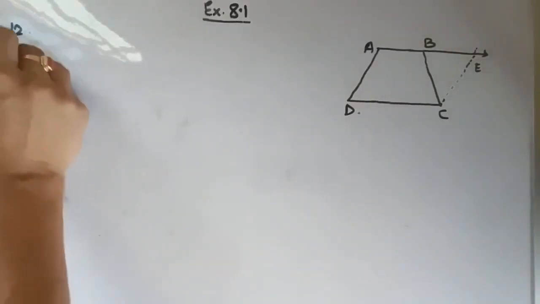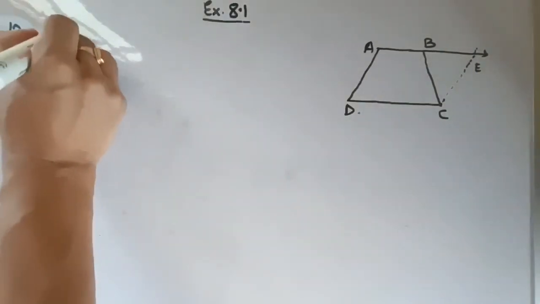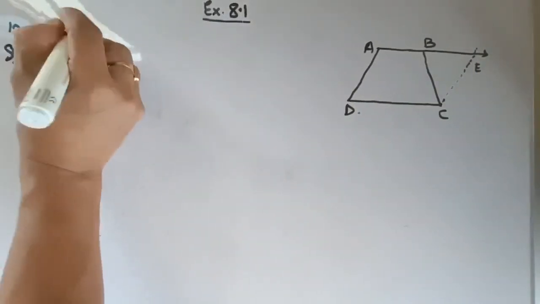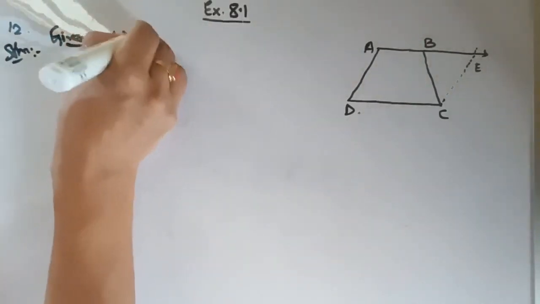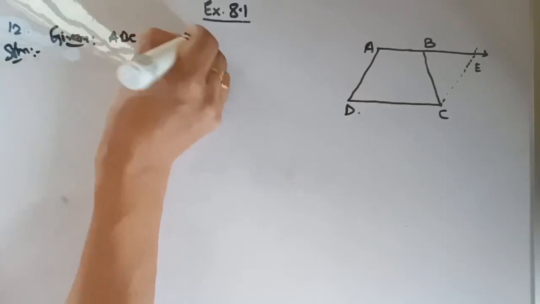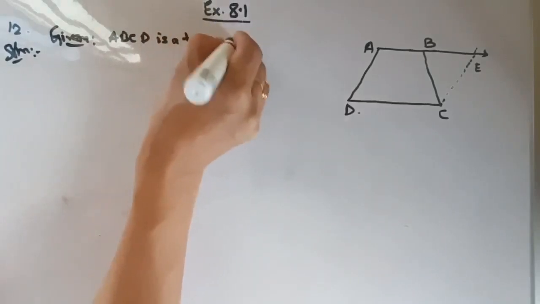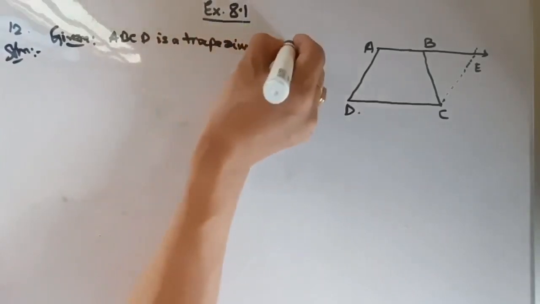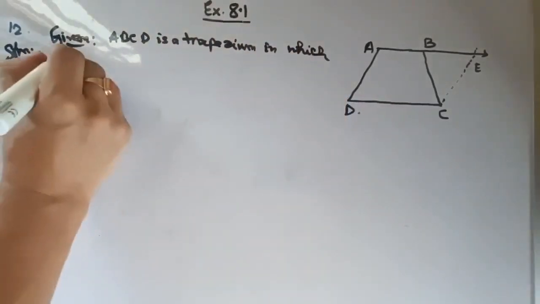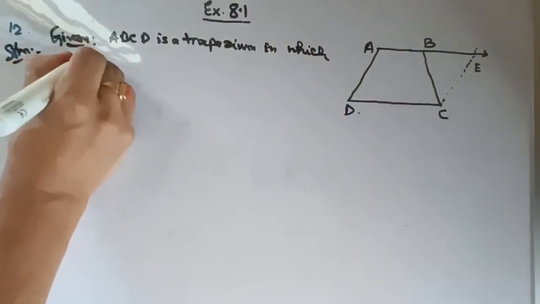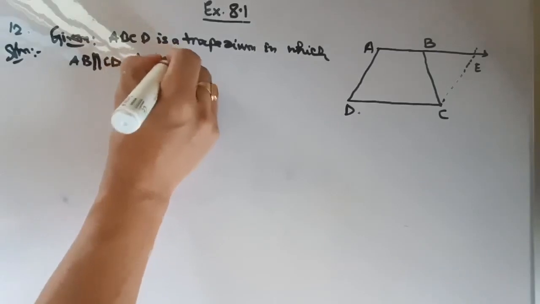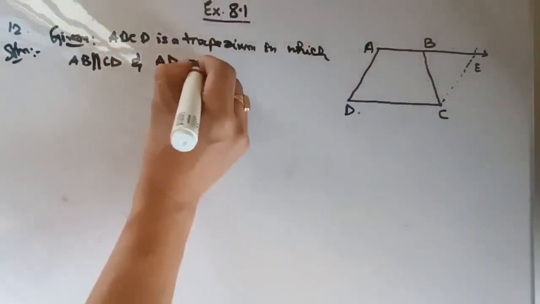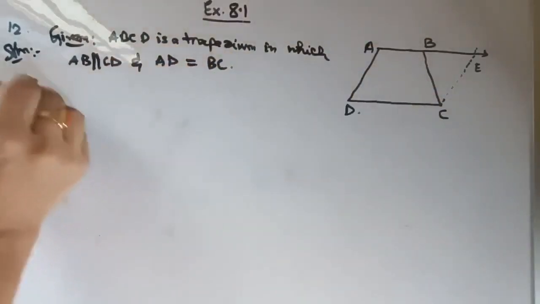Let us first write down the given information. Given: ABCD is a trapezium in which AB is parallel to CD and side AD is equal to side BC.